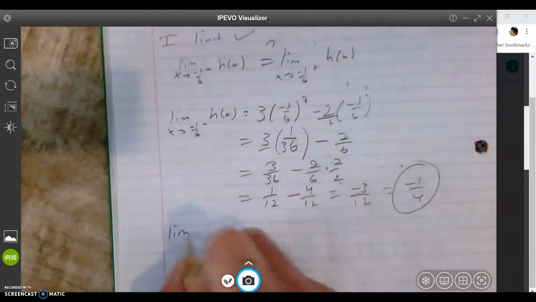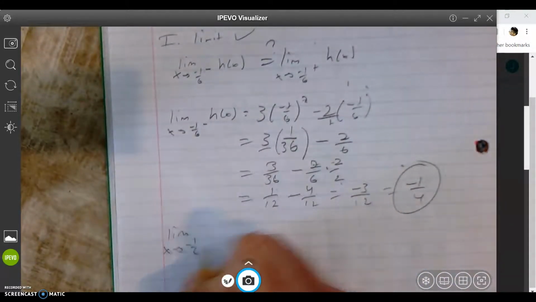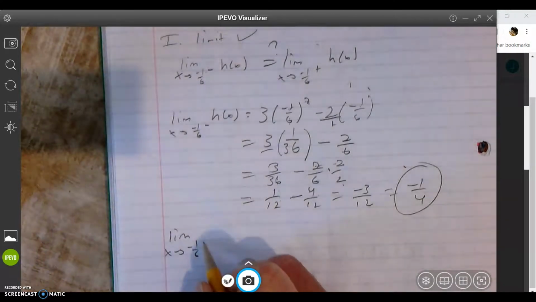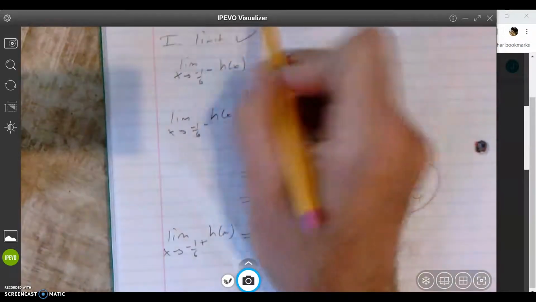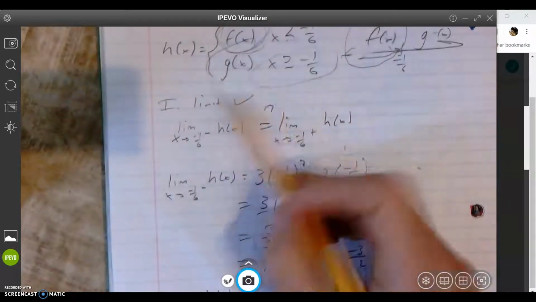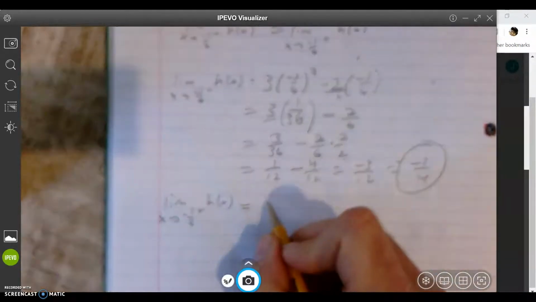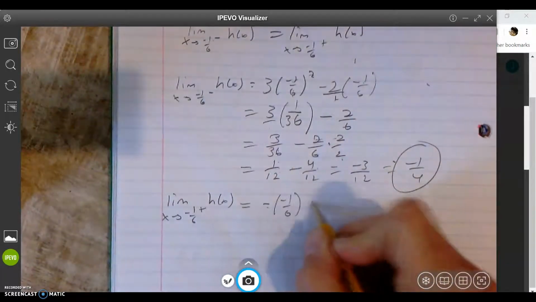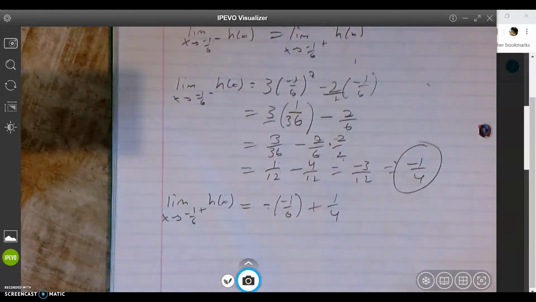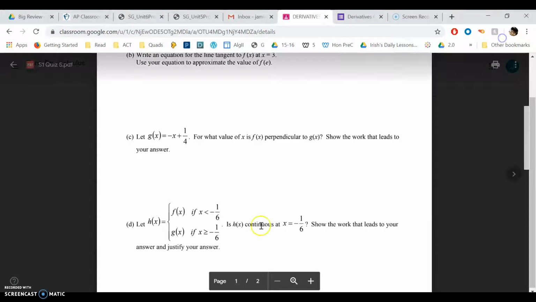Now I need the limit as x approaches negative 1/6 from the right of h of x. That's when I plug into g of x, from the right. So that's going to be negative 1/6 in negative x plus 1/4, like that. Let me double check to make sure that's what it is.